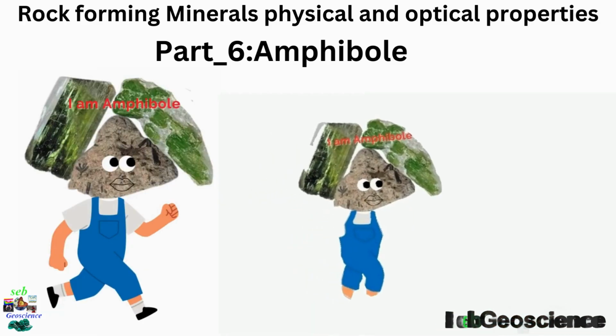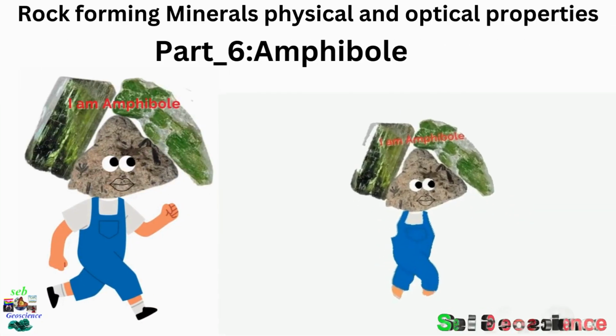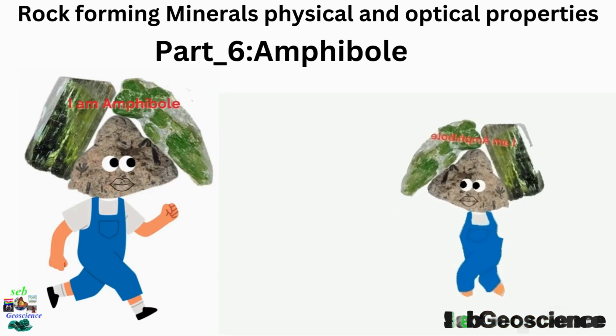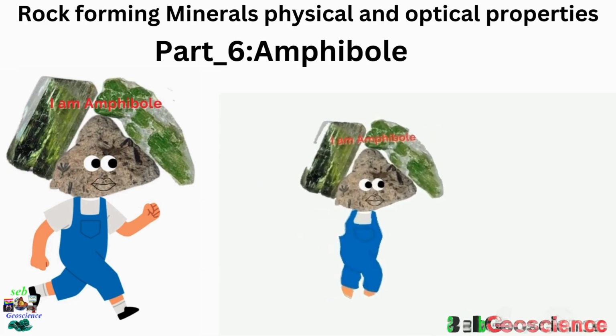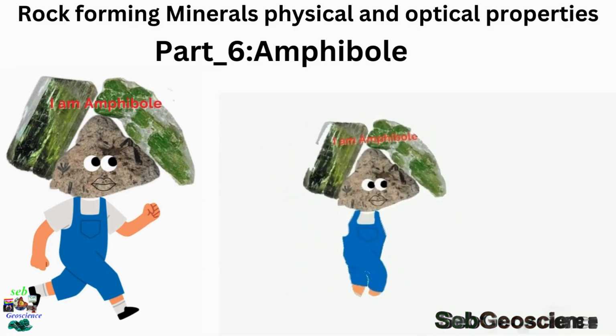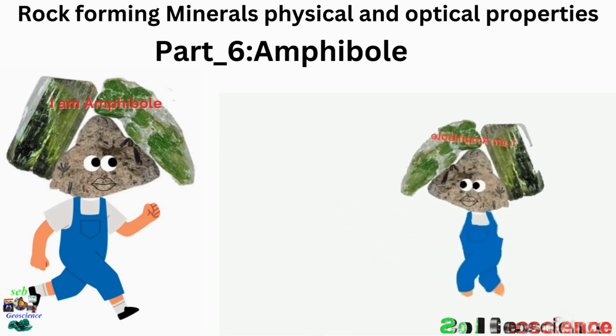Amphibole is a common rock-forming inosilicate mineral, and its crystal structure is prismatic or needle-like. This is a common feature of silicon tetrahedral double-chain silicate minerals.